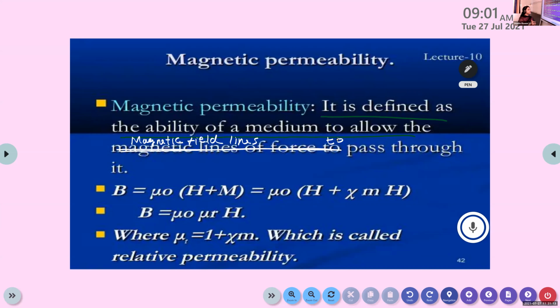And the permeability is represented by which letter? In the previous equation we already studied the letter representation of permeability. It is represented by mu. Permeability is represented by mu.